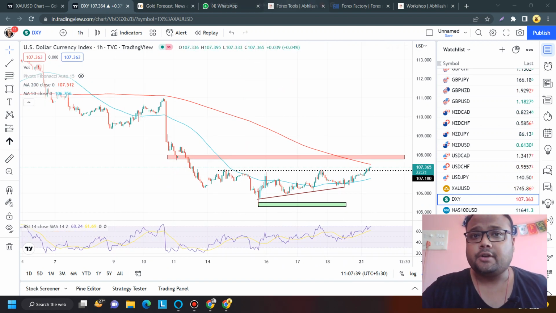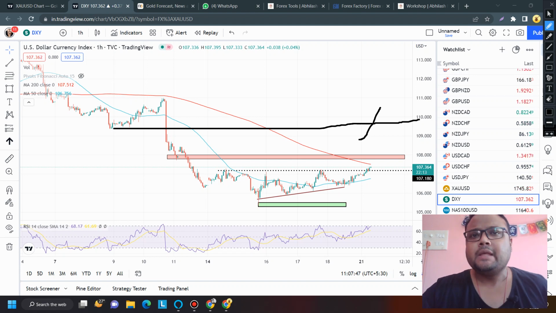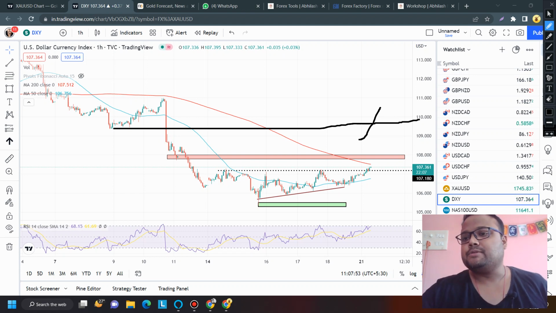For a trend reversal on DXY we need DXY to cross the 109 to 110 level. Once we see that DXY has crossed this level, only then will we get further confirmation that DXY is back on track again and we will see much more upside. But right now DXY is trading here, so if it starts going up there will be multiple resistances.